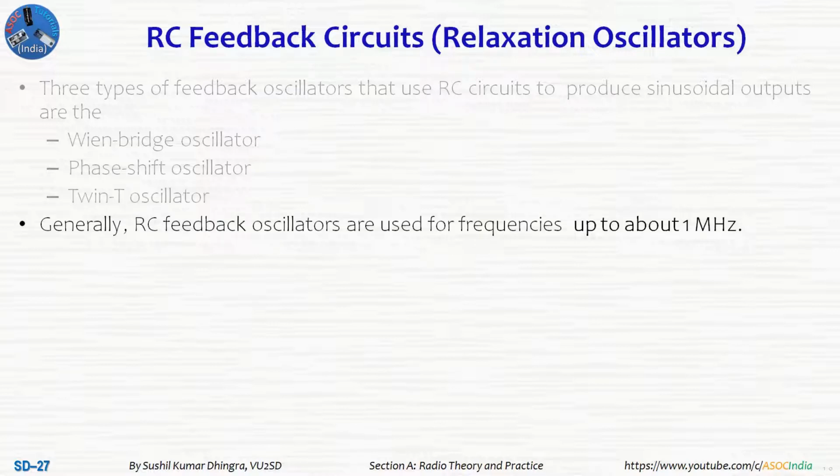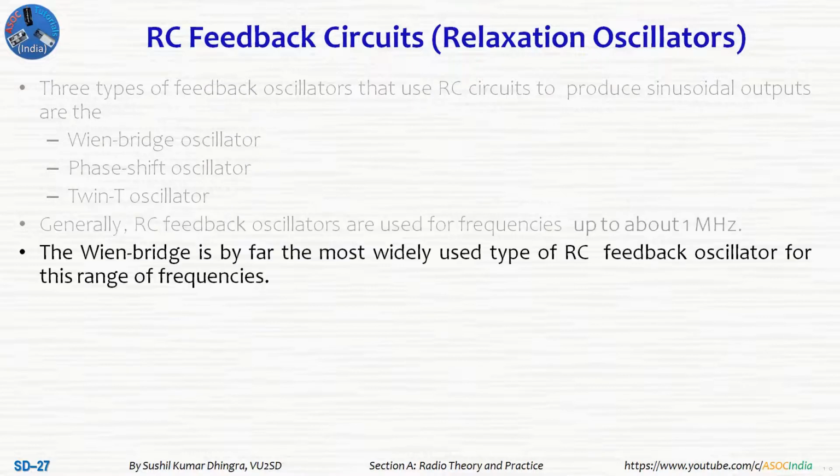Generally, RC feedback oscillators are used for frequencies up to about 1 MHz. Note down this point, it is very important. RC feedback oscillators are used for frequencies up to 1 MHz. And the Wien bridge is the most used oscillator for a wide range of frequencies.